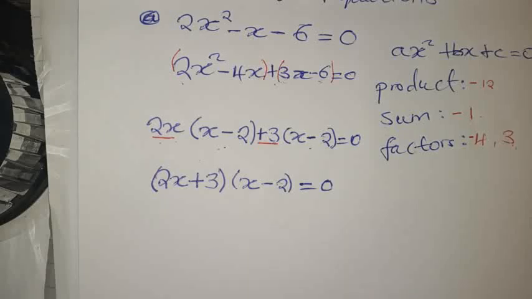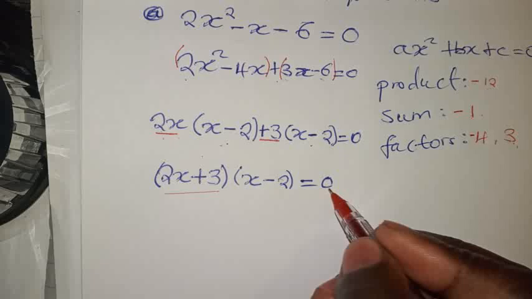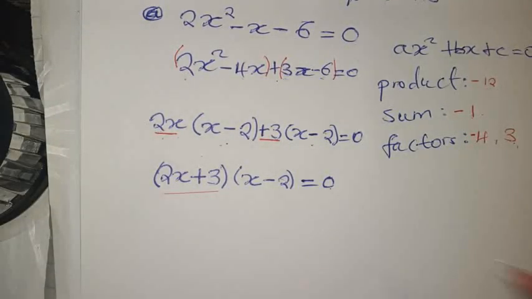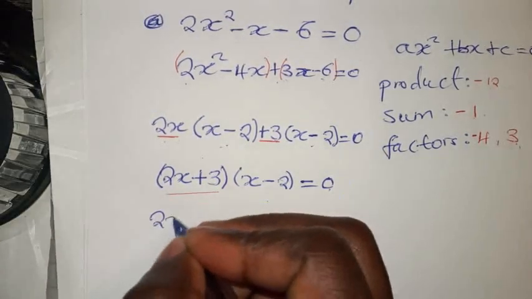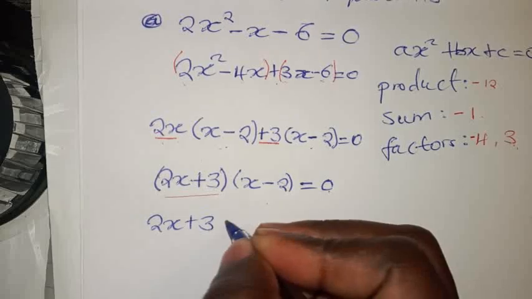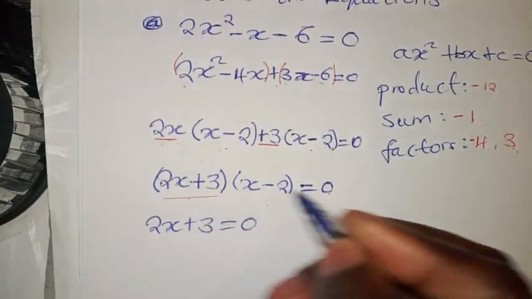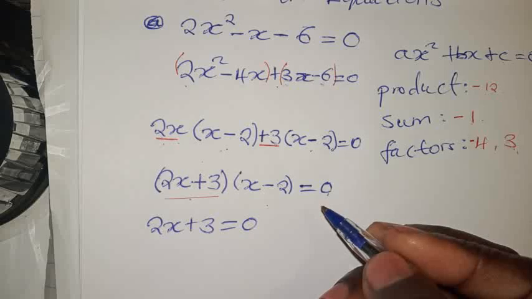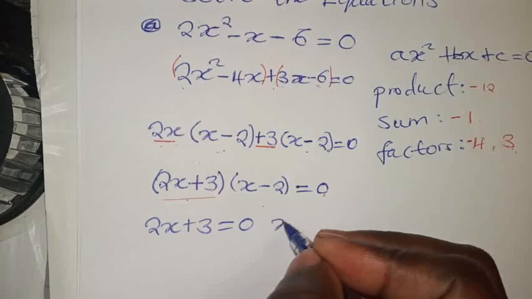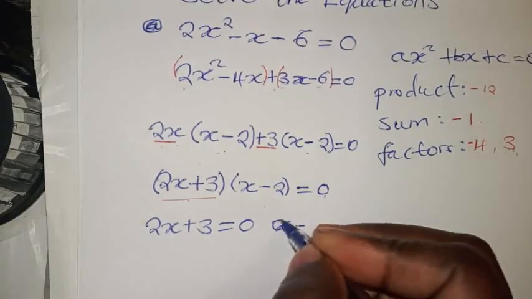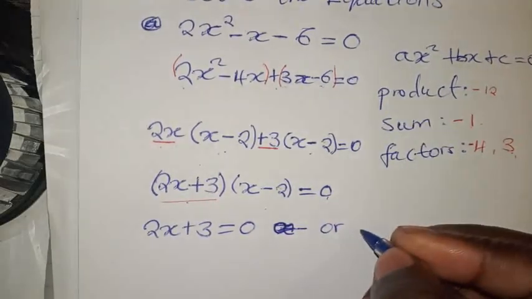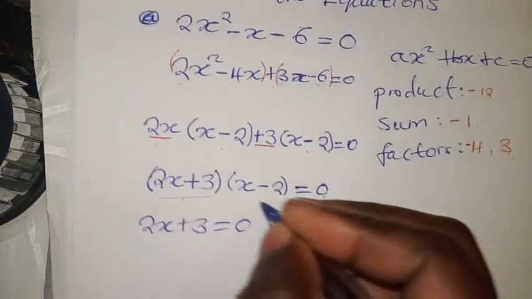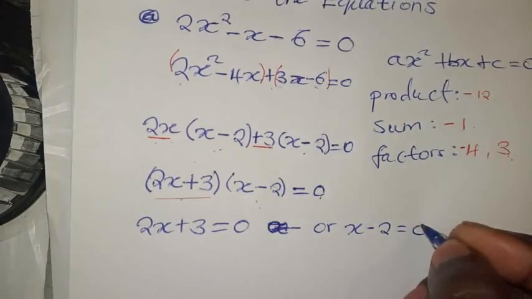What we'll do is we'll get this one equal to 0, or we'll get this one equal to 0, because we're trying to find two possible values of x. So 2x plus 3 equal to 0, or x minus 2 equal to 0.